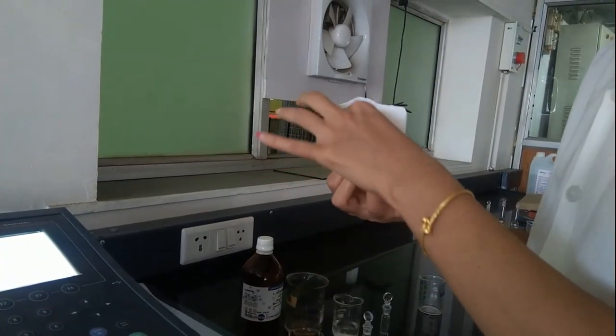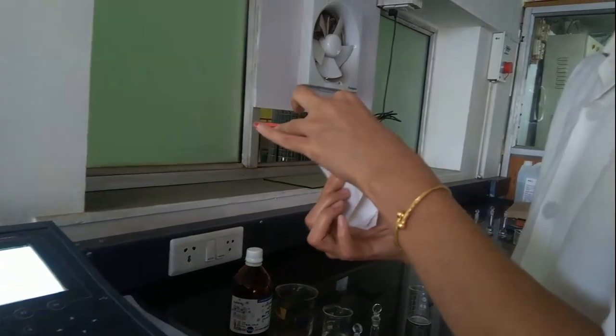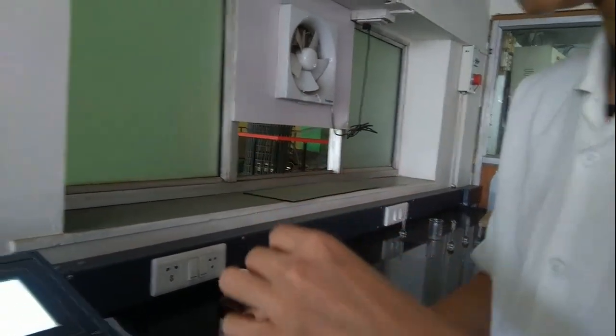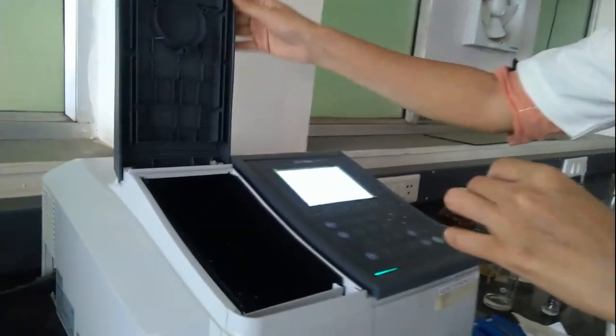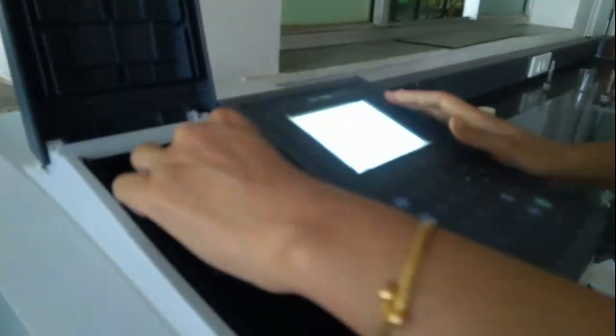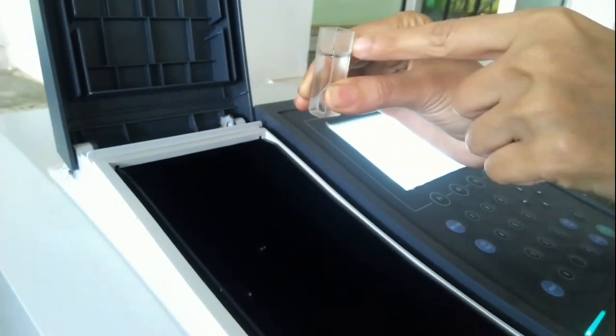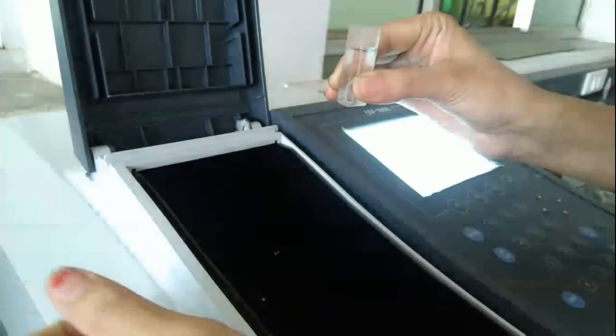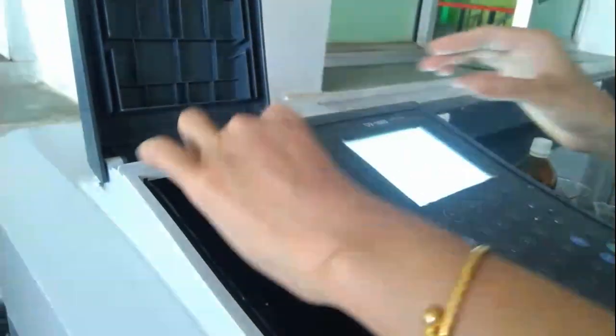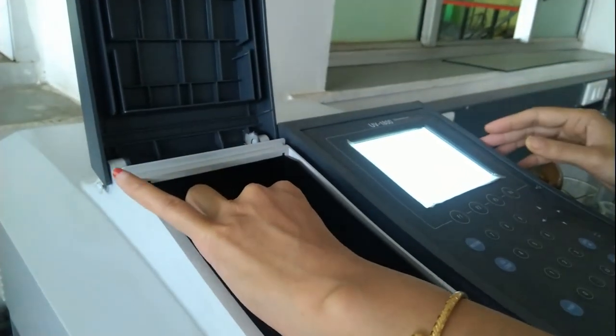We will wipe out the quartz surface very carefully with the help of soft tissue. Now you can see this is your sample compartment. We have to keep the quartz surface towards this side as light is going to enter from here. So this I have put.